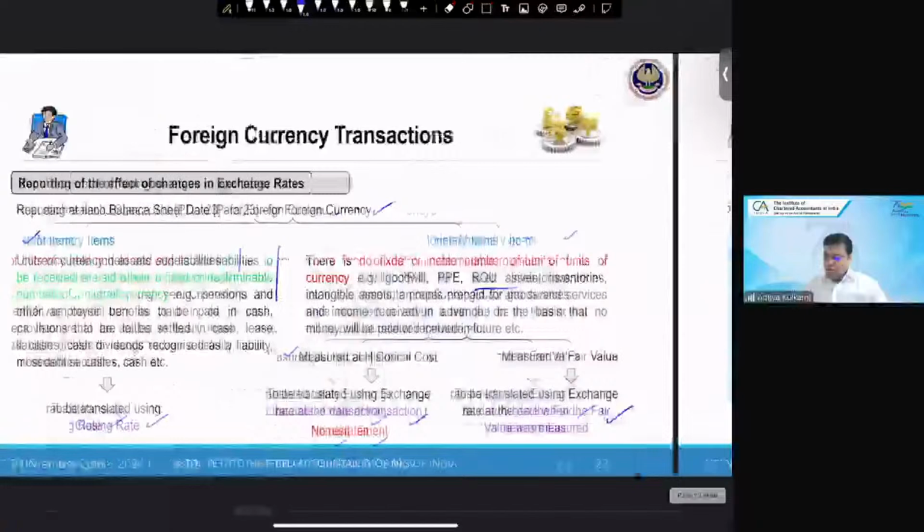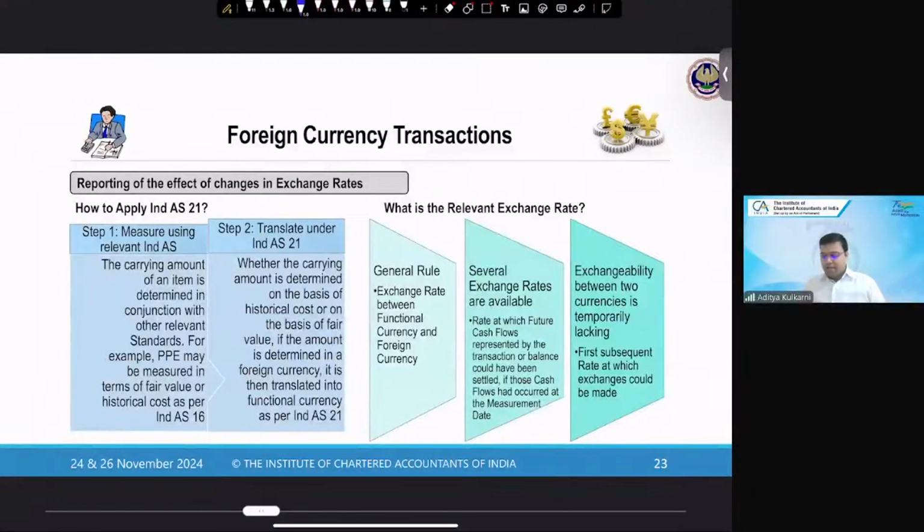Okay. So how do I report the effect of changes in exchange rates? First, you measure using the relevant Ind AS. That is the first step. The carrying amount is determined in conjunction with other relevant standards. For example, PPE could be at fair value or historical cost as per Ind AS 16.